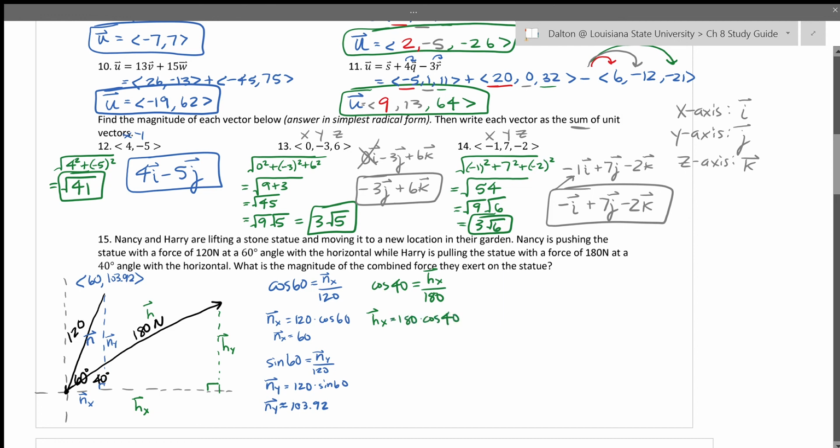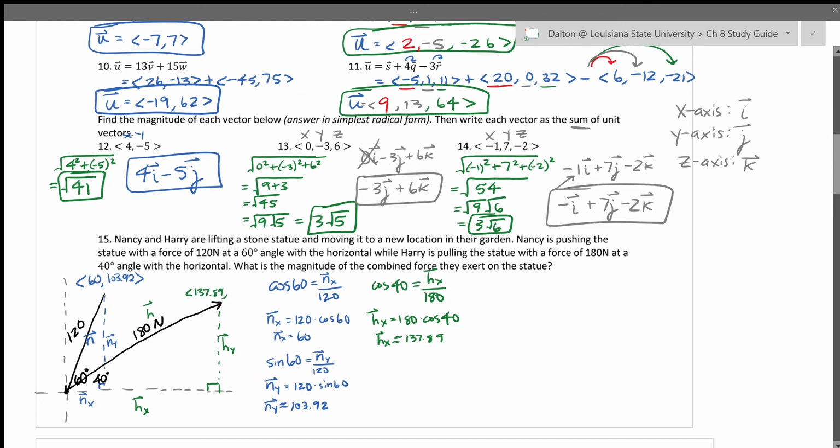That's what you type into your calculator right there, again making sure you're in degree mode. And then you're going to get that it's approximately 137.89. So that's his x component.